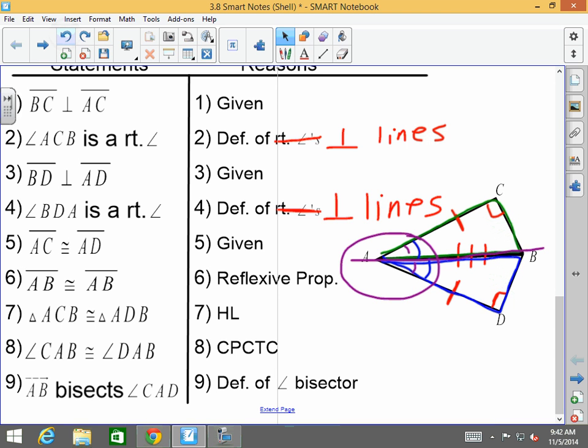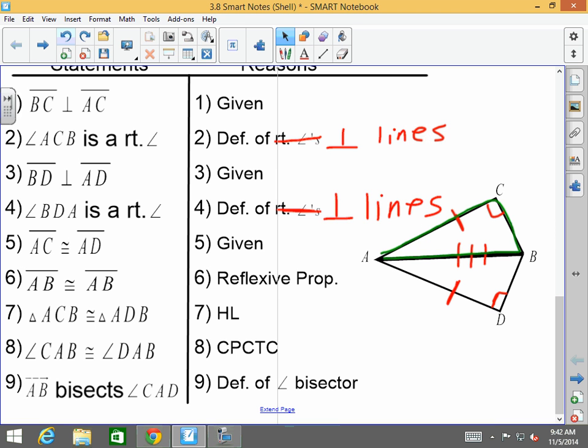I don't see how the side angle side. You see side angle side because I proved this after I proved the congruency. Let's go back. That's HL, son.